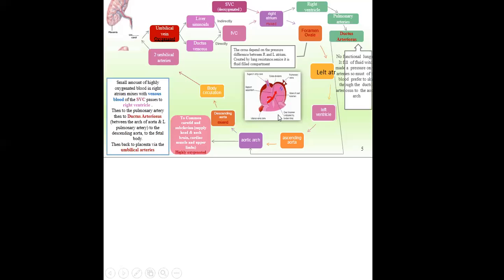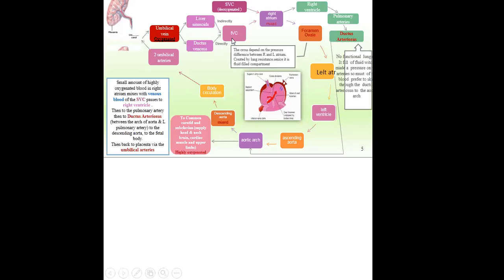Now it will direct the blood to the right ventricle. So again, I am revising that the umbilical cord has one umbilical vein and two umbilical arteries. The umbilical vein brings the oxygenated blood. Half of that goes to the liver directly, and half goes to the inferior vena cava through a bypass vessel called the ductus venosus.